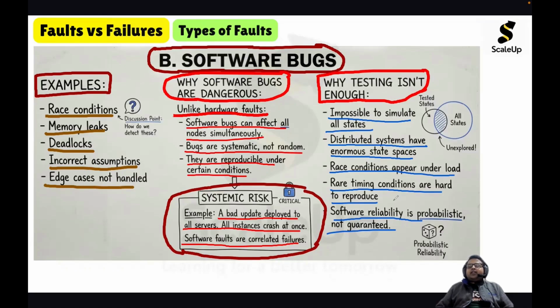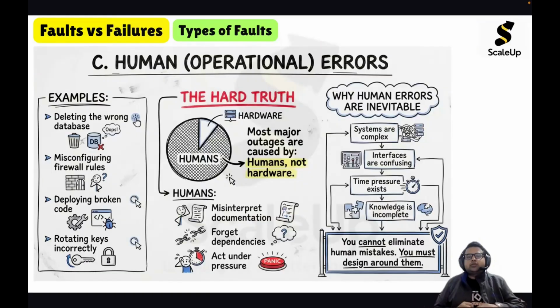Suppose you designed a system, tested it rigorously, and with the test results you are happy that you finally made something very stable. But after a point of time, that system might encounter some unexplored use cases, and the system might collapse also. So that's the idea.